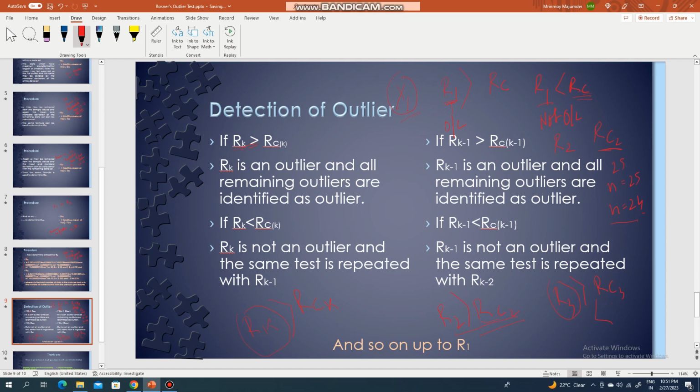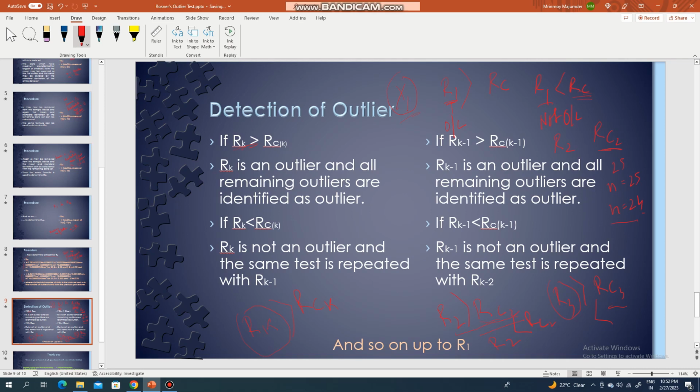Here also the same thing: if R2 is greater than RC2, then x2, which has given the value of R2, is an outlier, and all the remaining 10 are outliers. But if R2 is less than RC2, then you have to repeat the process of calculating critical R with the same data points, removing x1 and x2. That will give you RC3, and then again you compare.